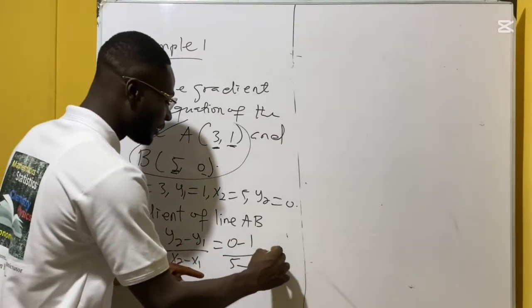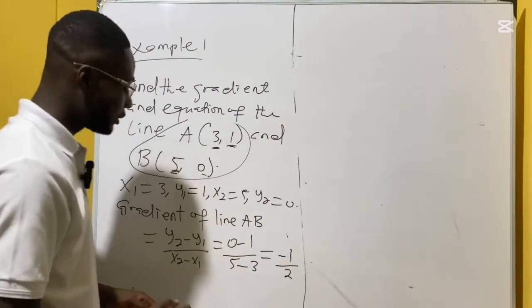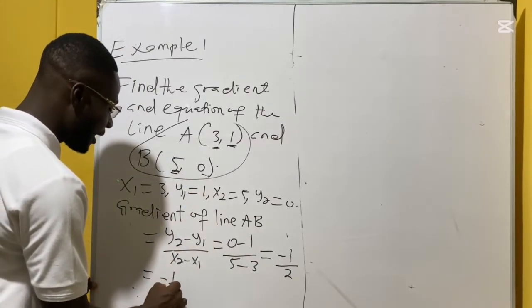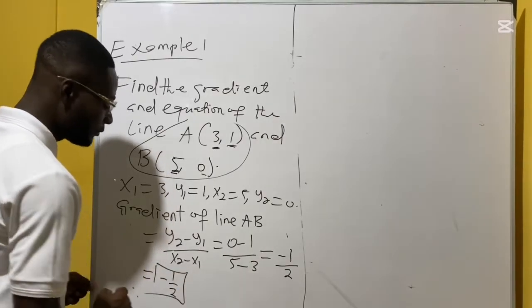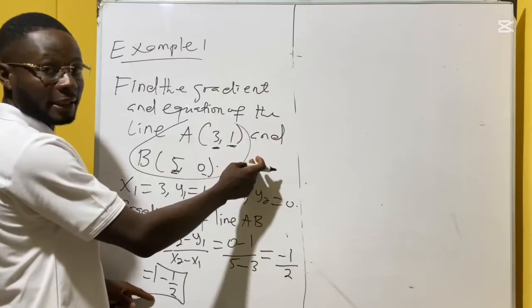So we have our gradient to be negative 1 over 2, negative half. So this is the gradient of line AB.